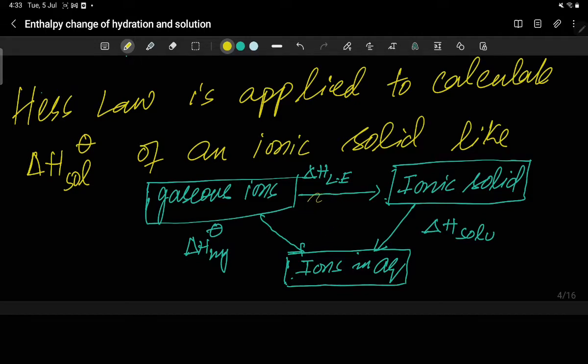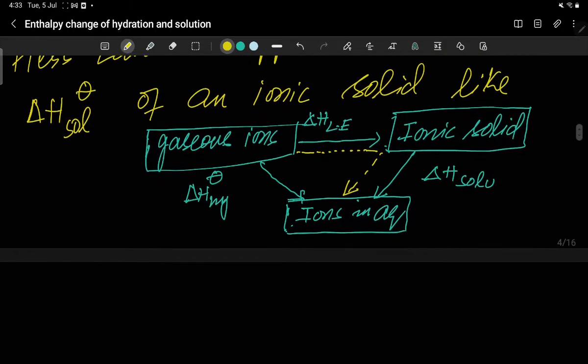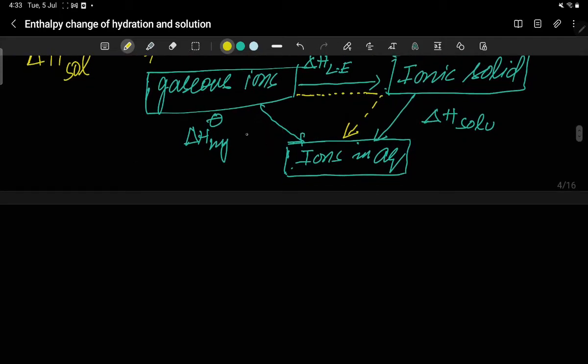So this cycle goes from gaseous ions to ionic solid and then to aqueous, and delta H hydration of cations plus anions.